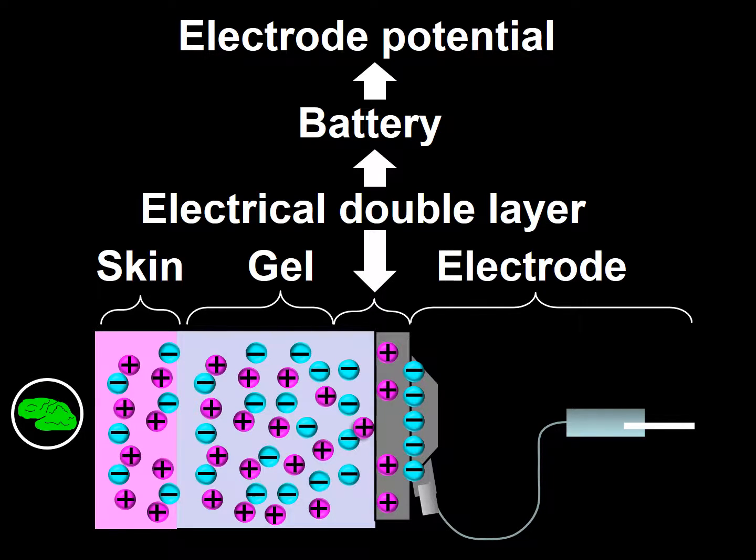But the main point of this figure in the context of this question is the presence of the electrical double layer. The electrical double layer, as you know, develops at the electrolyte-electrode interface.